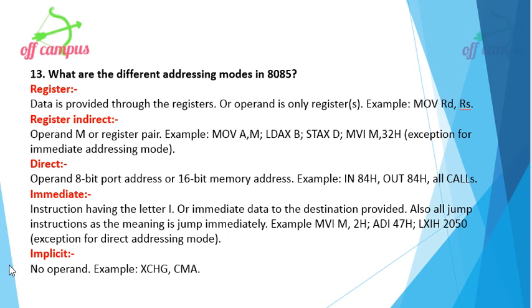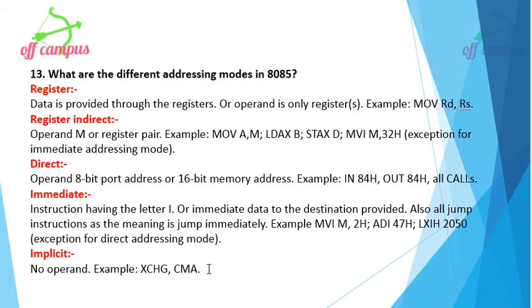Also all jump instructions, as the meaning is jump immediately. These are examples of immediate addressing, which is nothing but the letter I, where immediate data to the destination is provided in the operand itself.